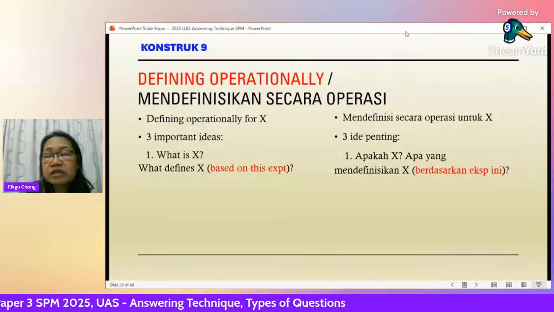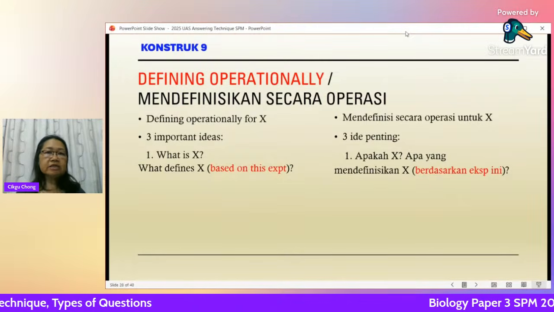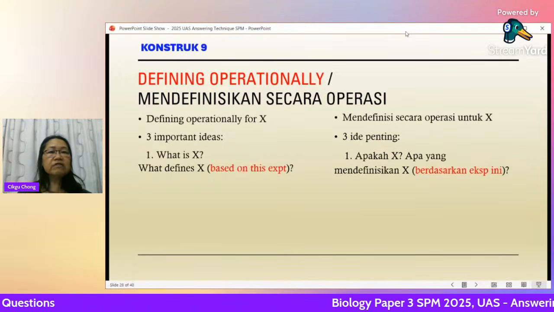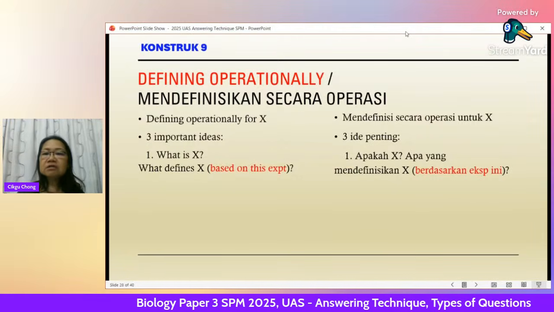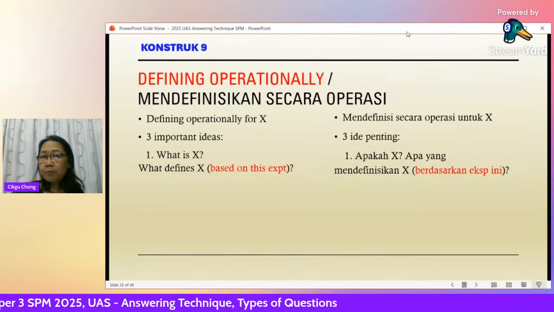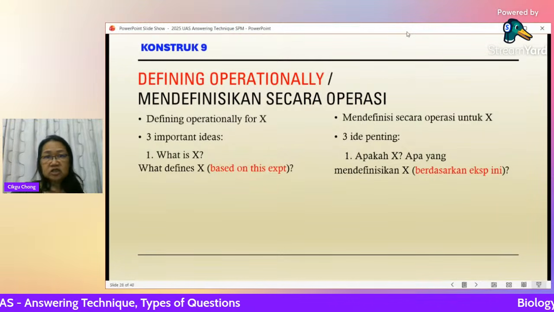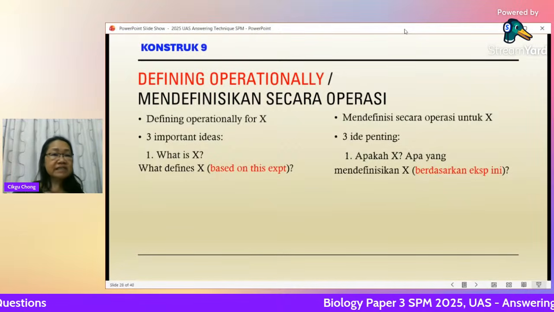Rate of diffusion based on this experiment. Understand this, based on this experiment. That means your answer must be only for this experiment. Cannot write an answer that is general. Your defining operationally answer is not a general answer. It can only be used for this experiment.